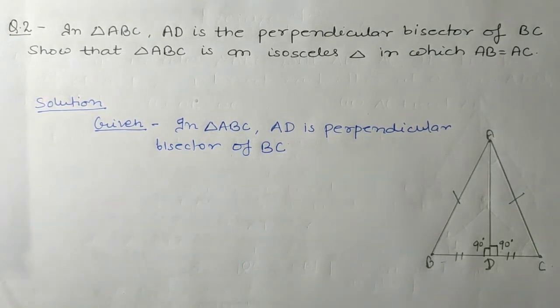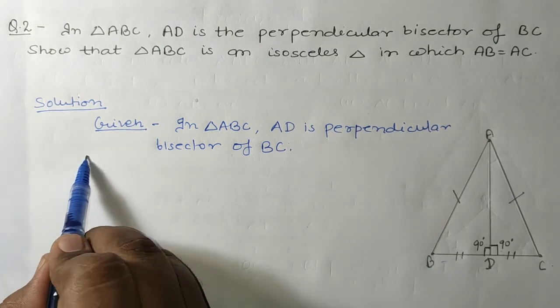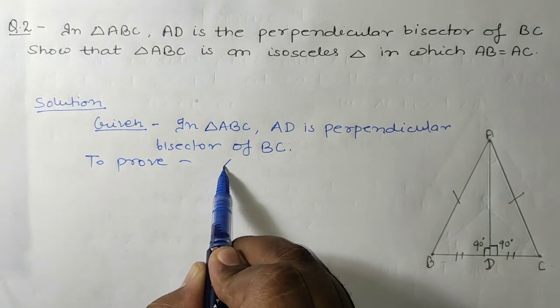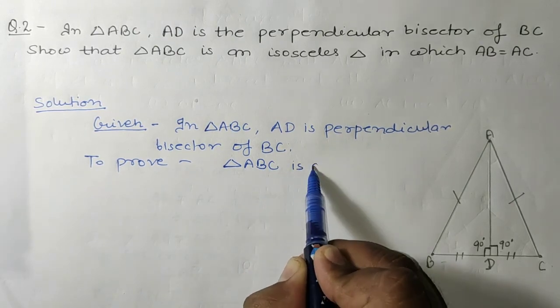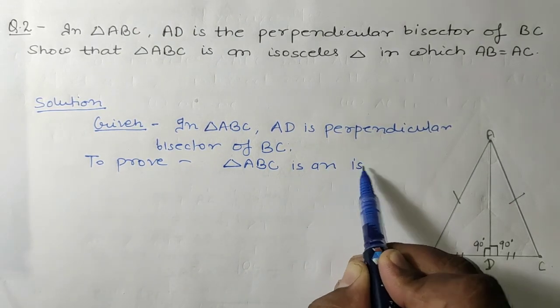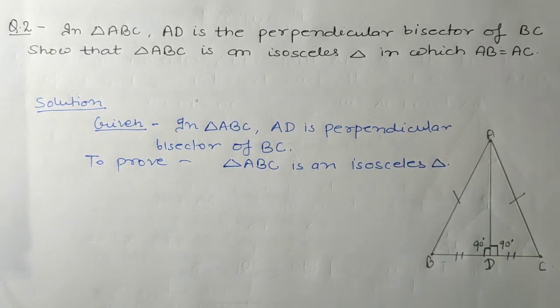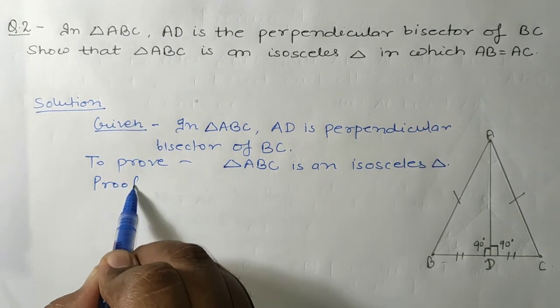AD is perpendicular bisector of BC. Okay. And what we have to prove? We have to prove that triangle ABC is an isosceles triangle. Okay. So let us see, students, how we'll prove it.